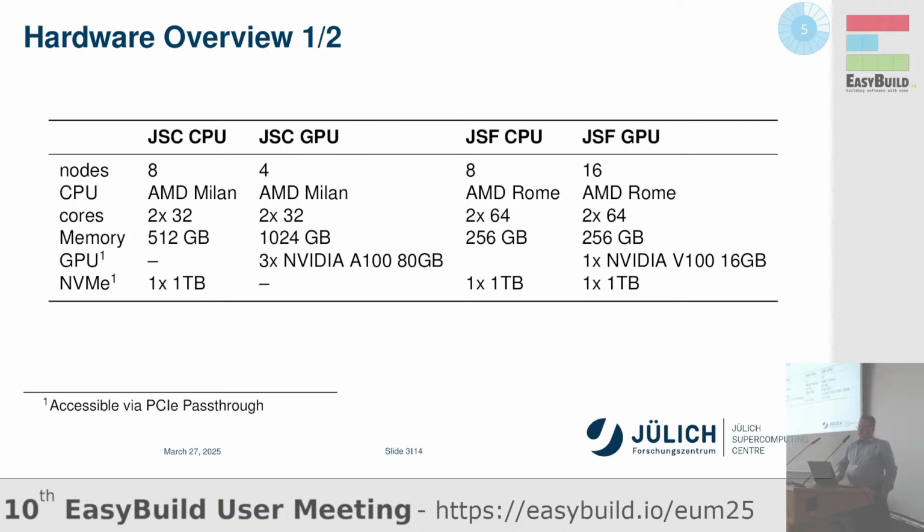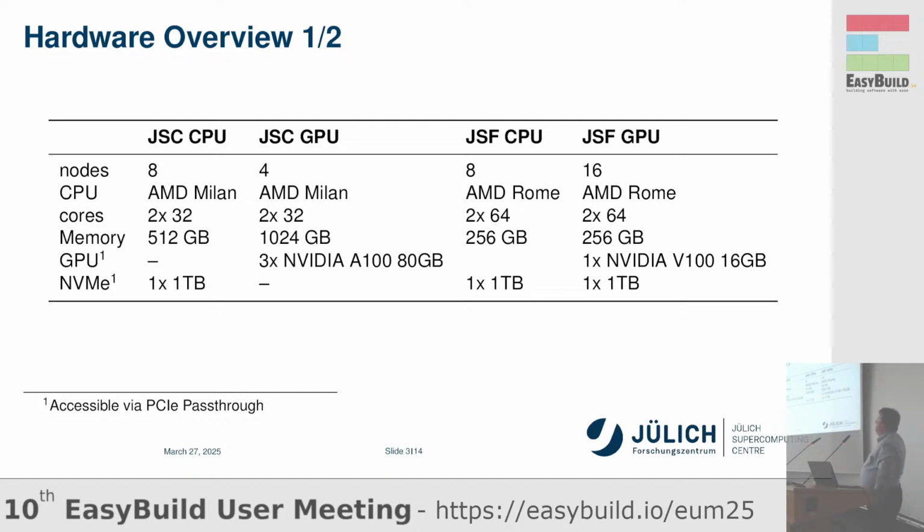I like hardware, so I brought a little bit of an overview of what we have as hardware in the JSC cloud. And you already see it's quite different from what you expect from an HPC system. On an HPC system, you usually have the same nodes and then lots of nodes, but here we have a lot of different nodes, and also the node count is much smaller. So we have three nodes with only CPUs, and then four nodes with NVIDIA A100.